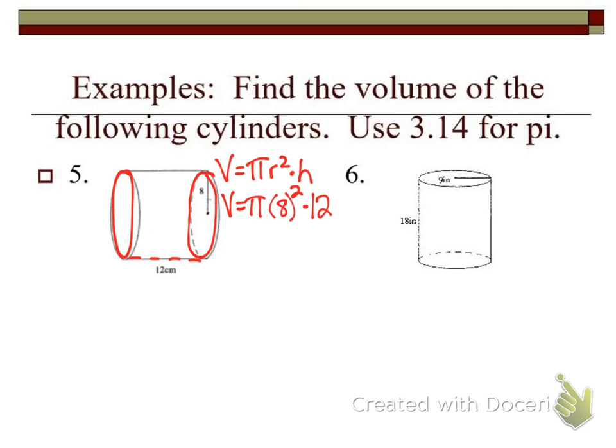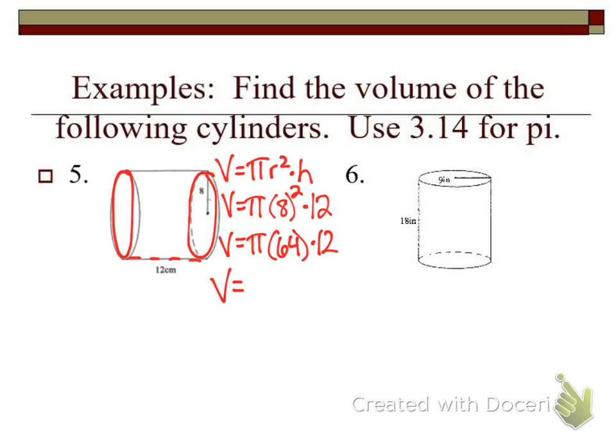All right, what is 8 squared? 64 times 12. So when they say to find the exact volume of it, that means we're not multiplying pi out. So we would just multiply 64 times 12. So what is just 64 times 12?